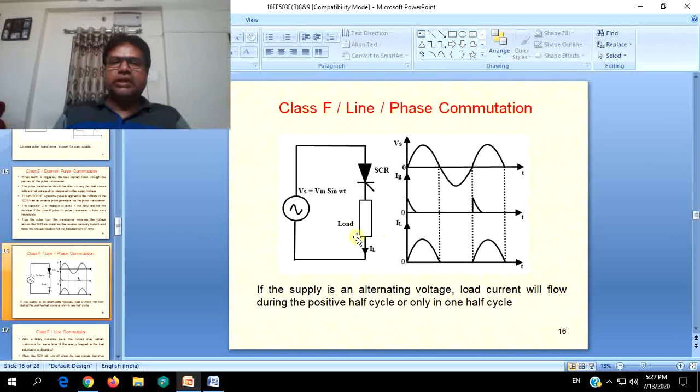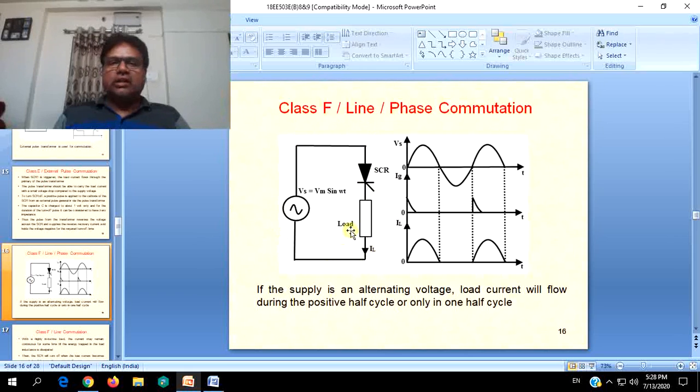If the load is simply resistive, the source voltage, load voltage and load current will be in the same phase. At the same instant when the source voltage becomes zero, the load current will also become zero, and immediately the source will be applying reverse voltage across the SCR, that is positive to cathode and negative to anode.